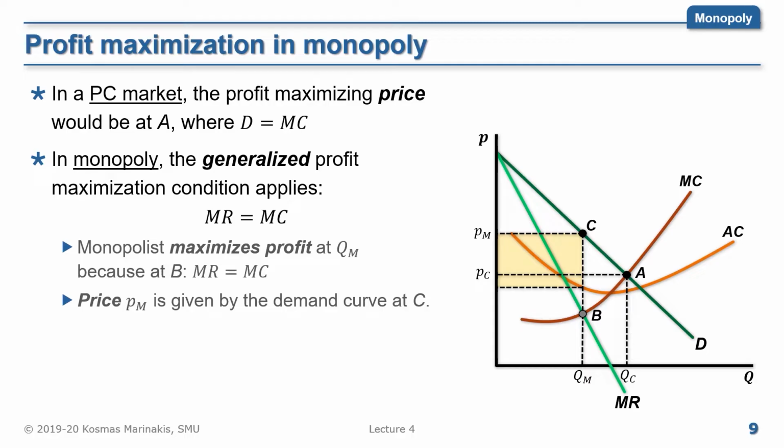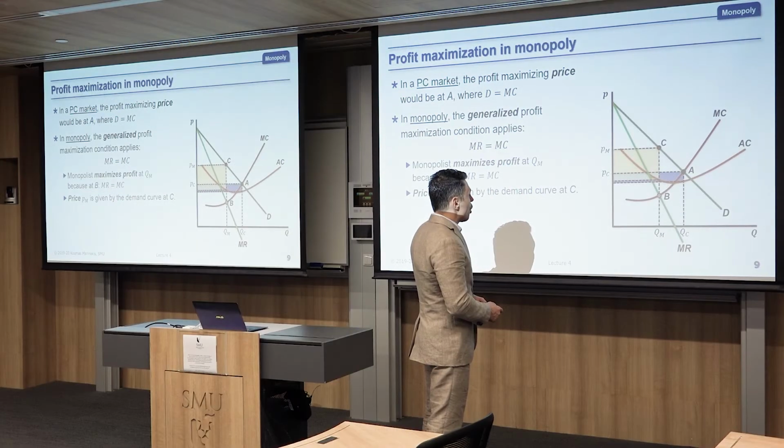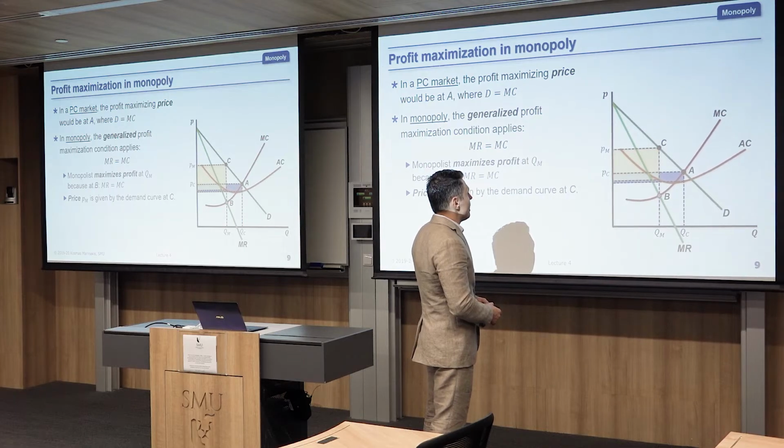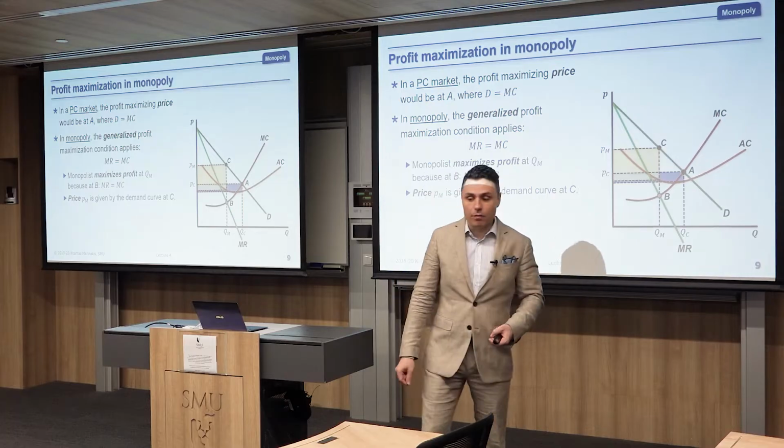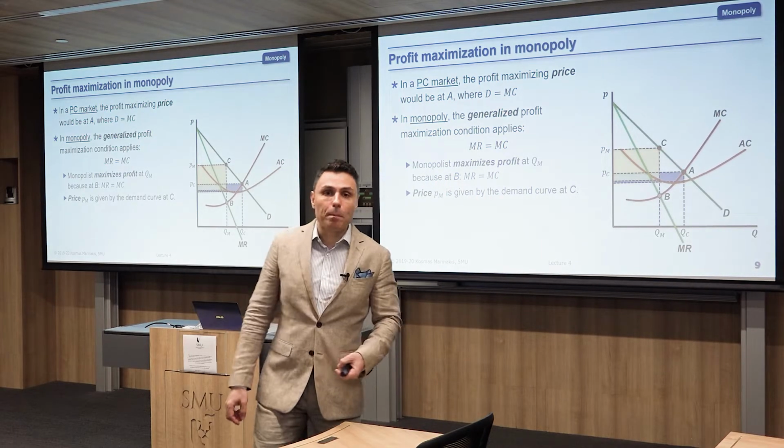If you do the same for perfect competition, for quantity QC, the average cost will again be given by the AC, and then this blue area, which also overlaps a little bit with the light orange area, is the profit for the perfectly competitive firm.